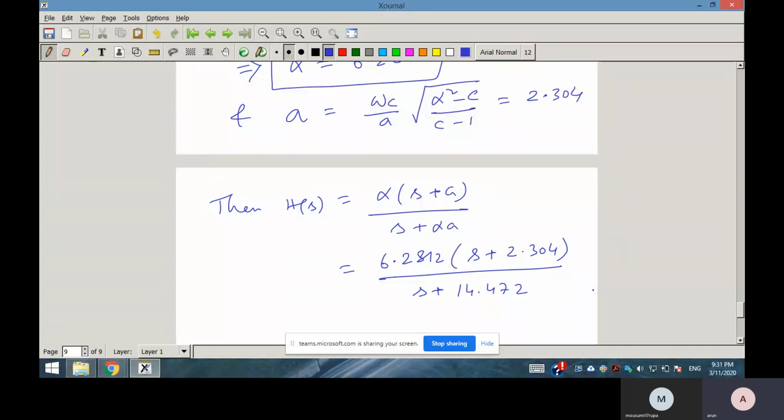Now the question is how to realize the PD controller in an analog fashion. Suppose we are given a problem and we have determined A and alpha. How to implement this transfer function?